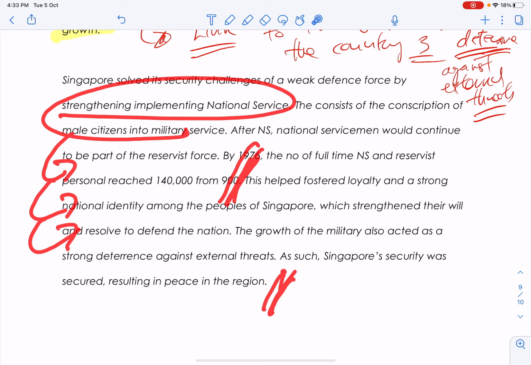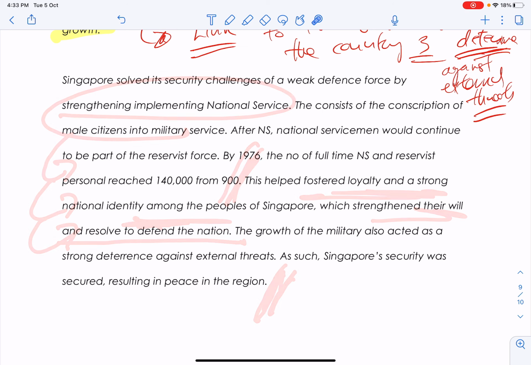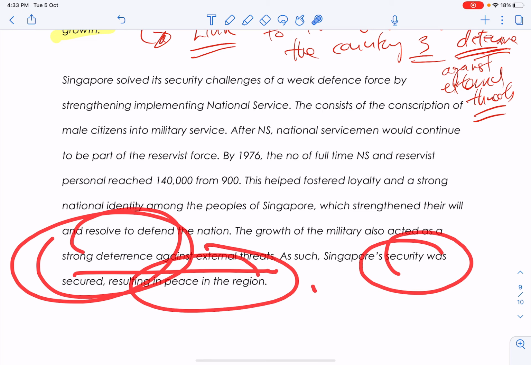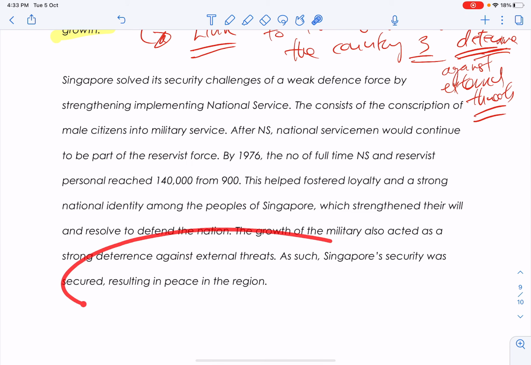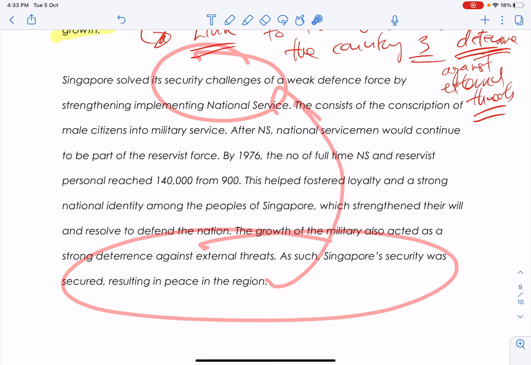So what if you have national service? Well, it will foster loyalty and national identity, which will help strengthen people's will to fight and defend the nation. So this again will be a strong deterrence against external threats. And so this will ensure Singapore's peace and security is secured. And therefore, national service is the way to meet the security challenge that Singapore has.